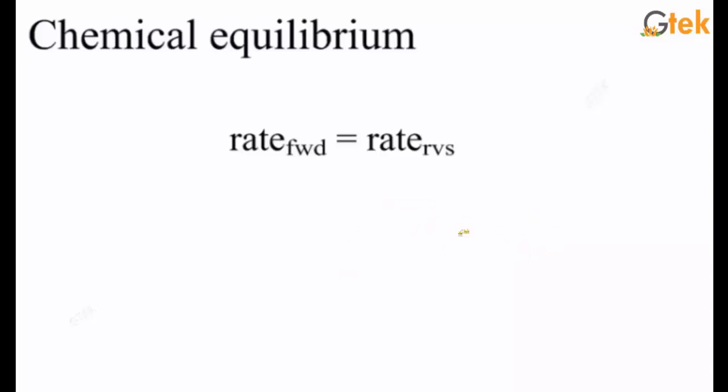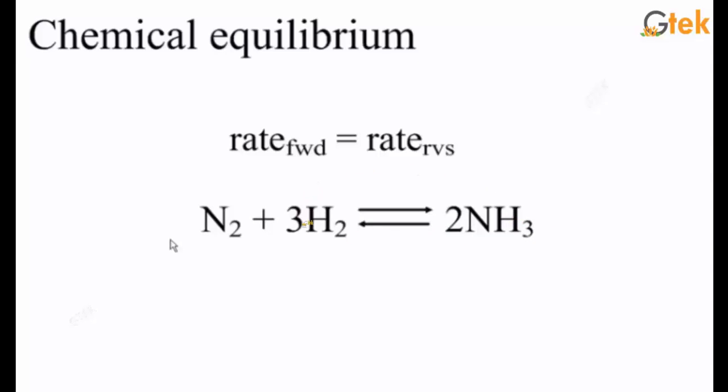Similarly, the products will become the reactants at one stage. That's referred to as the rate of the reverse reaction. I have nitrogen and hydrogen, N2 and H2, forming ammonia, NH3. Over here, ammonia at one stage becomes the reactants again. As I indicated, both rates are equal and this is dynamic.